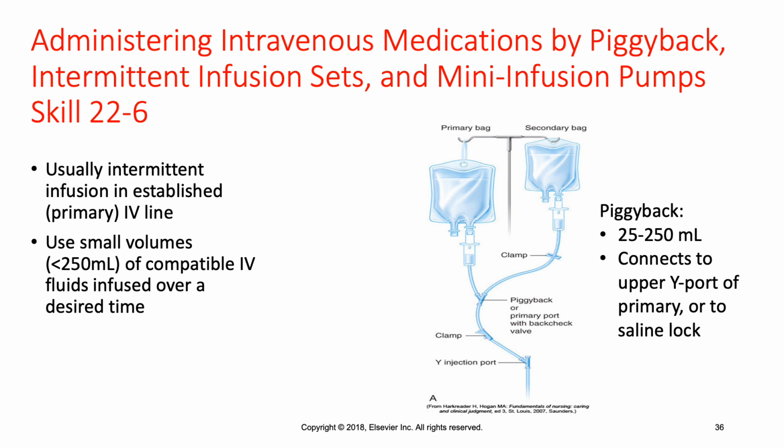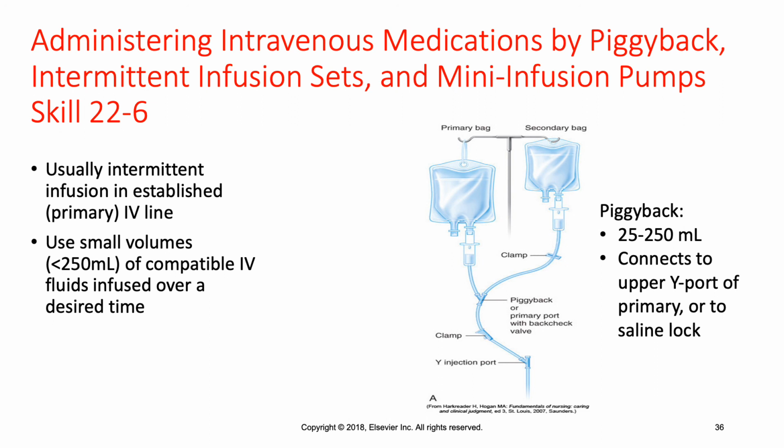The image that you see on the screen is of a piggyback or a secondary. Note that the primary infusion is going on the left side, and then on the right you have your piggyback or secondary bag.